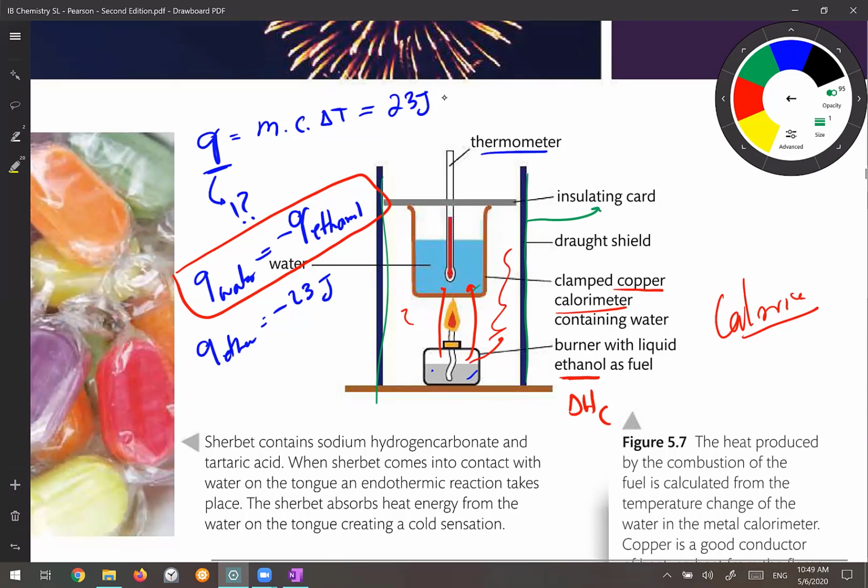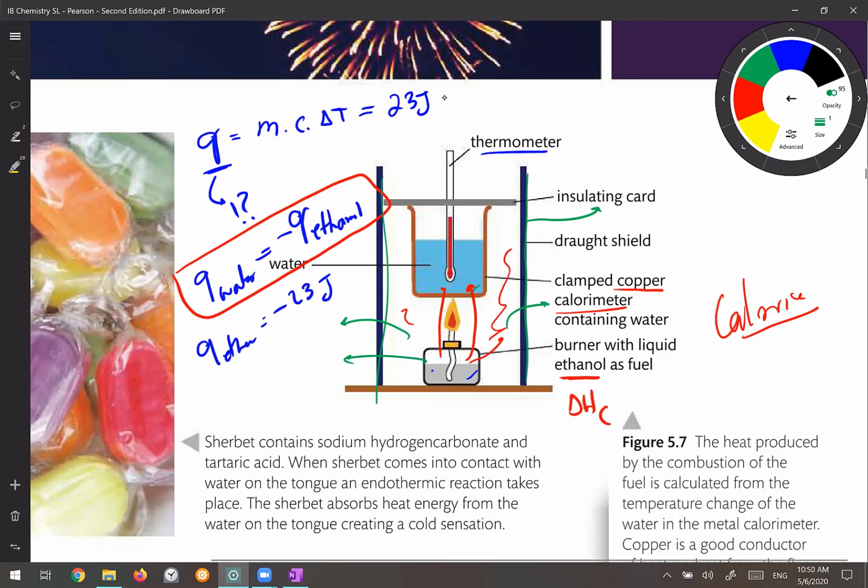So it doesn't let the Q or the heat go to the surroundings. But we cannot guarantee that we prevent the heat from going to the area around the calorimeter by 100%, but we decrease its amount by a large quantity.